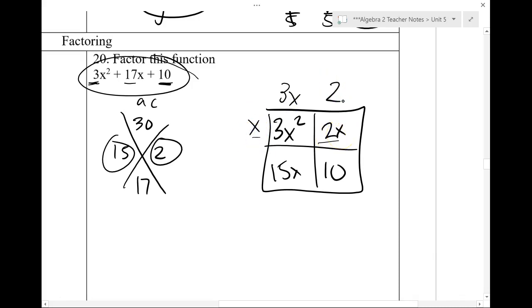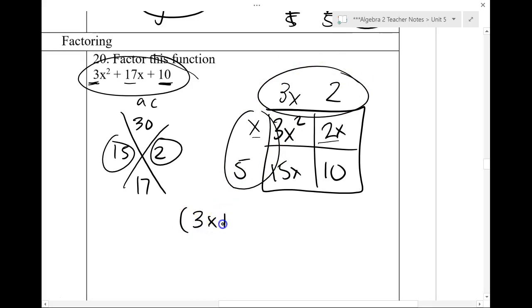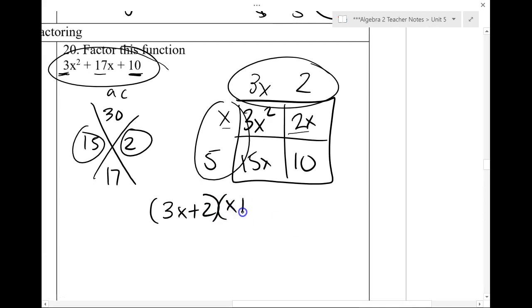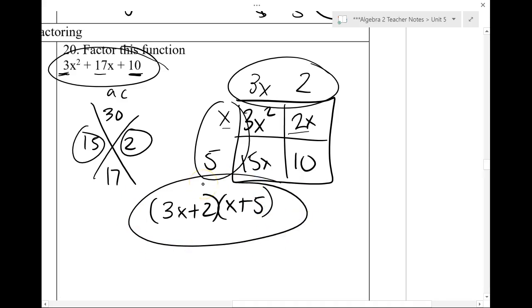So that comes out kind of clean. And then the bottom here, what do I multiply times 3x to get 15x? Well, 5. That seems to work a little better. So now those are going to be my factors. You take the top one, that becomes the first factor, and the one on the side becomes the second one. And there you go. In the parentheses. Okay, and that would be your answer.